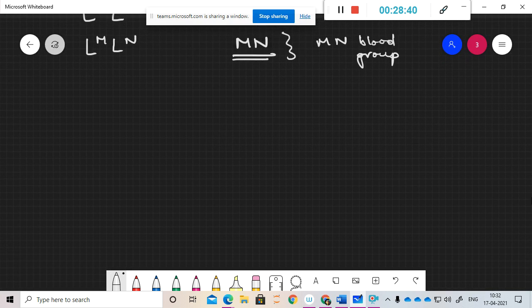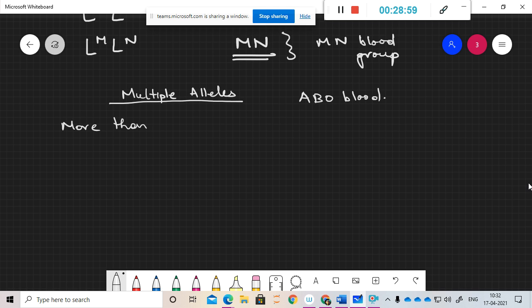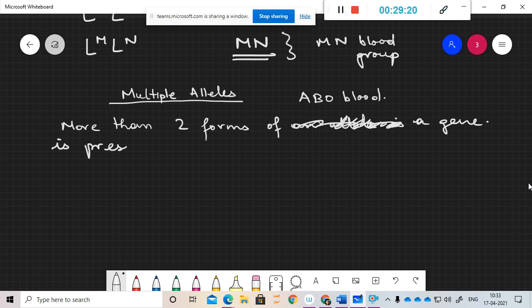The next concept which we will be studying is multiple alleles. Our ABO blood group is a good example. So you have more than 2 forms of a gene present.